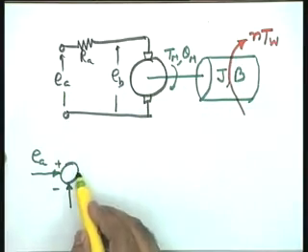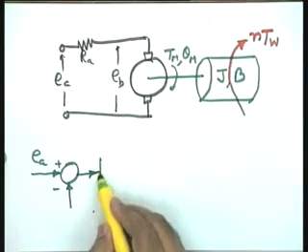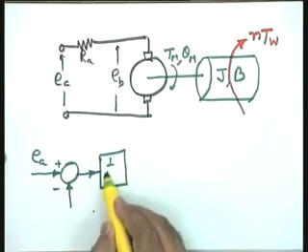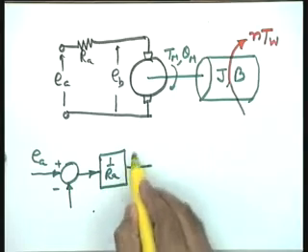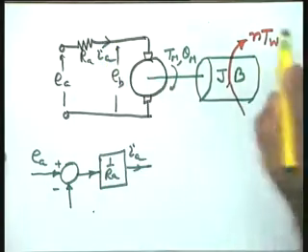The net voltage appearing across the resistor is EA minus EB. So, naturally 1 over RA, if I put a block over here, this gives me armature current. So, let me call it IA.